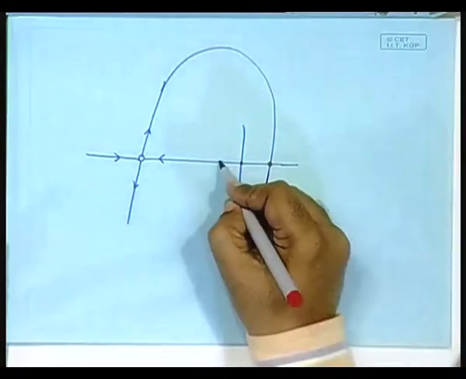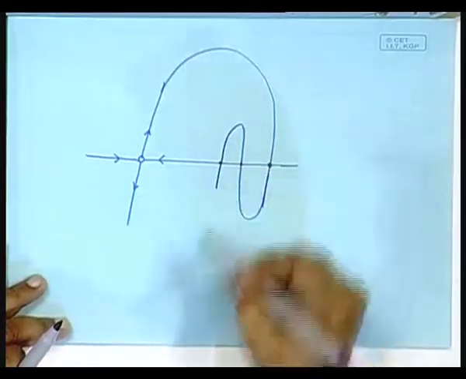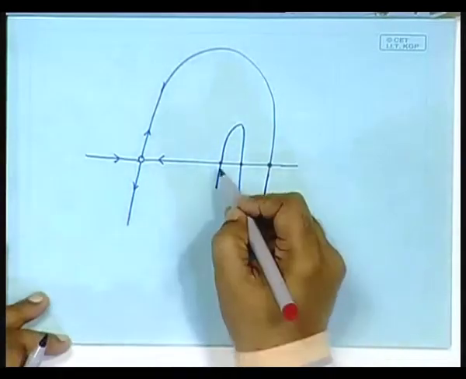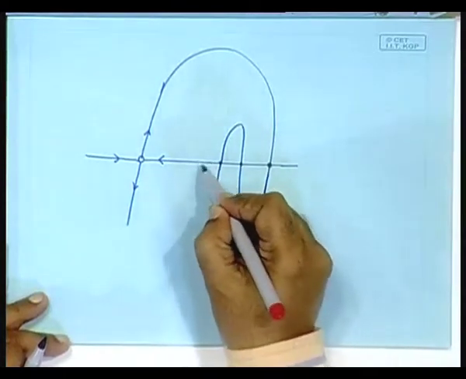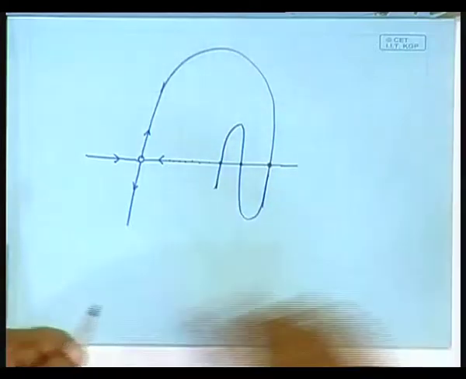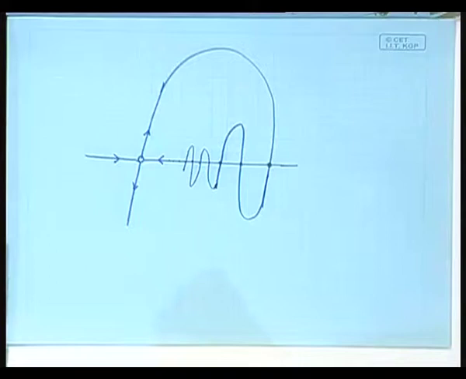The next point, say here, must again be, and if there are an infinite number of points, it goes like this, right? All this must be so.